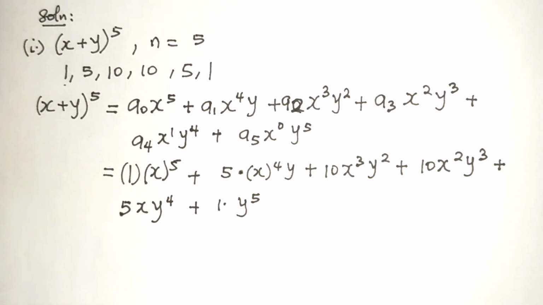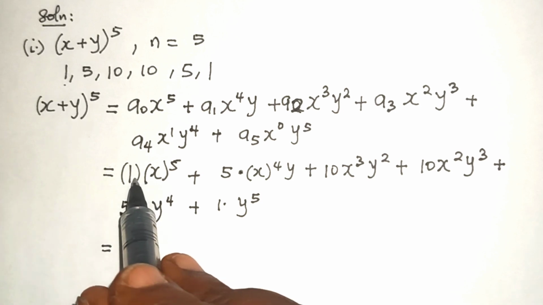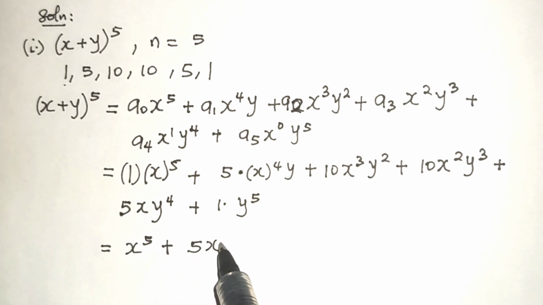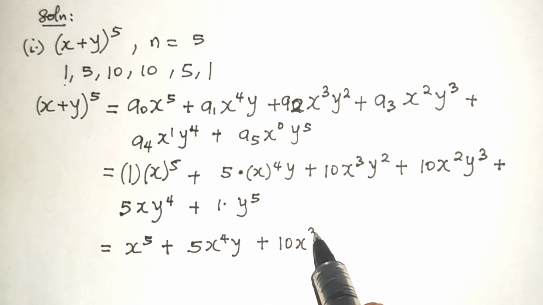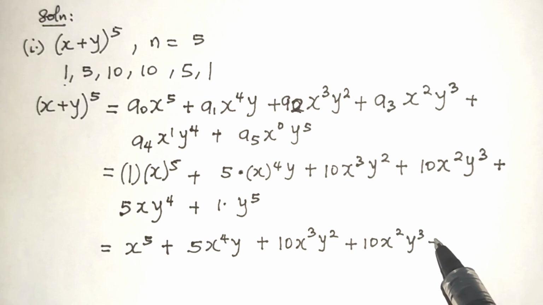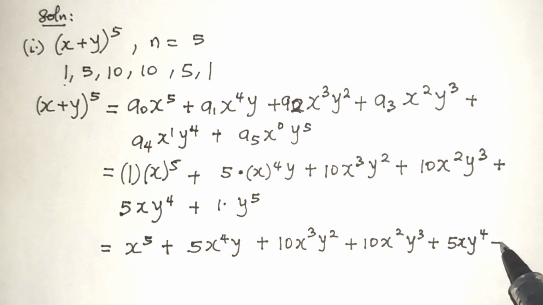So this is going to be equal to, here 1 times this will give us x^5 plus 5x^4 y plus 10x^3 y^2 plus 10x^2 y^3 plus 5x y^4 plus y^5.